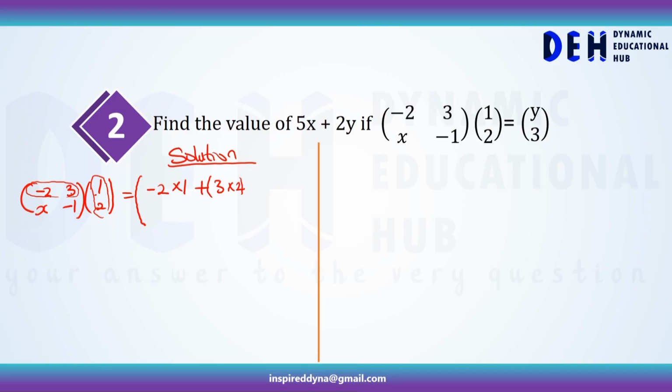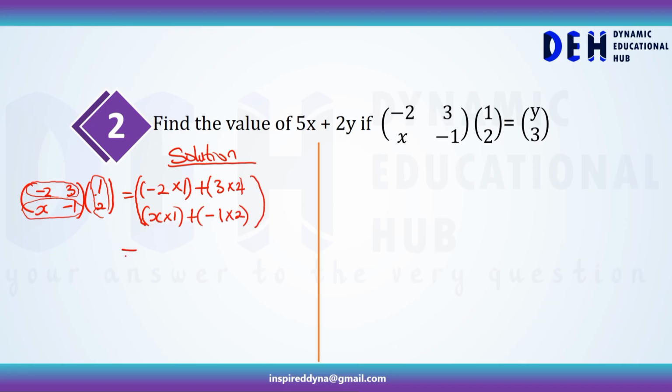Now you move to the next row. You have x times 1, plus minus 1 multiplied by 2. So you can close it like this.